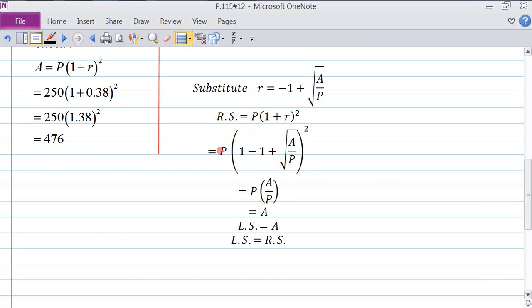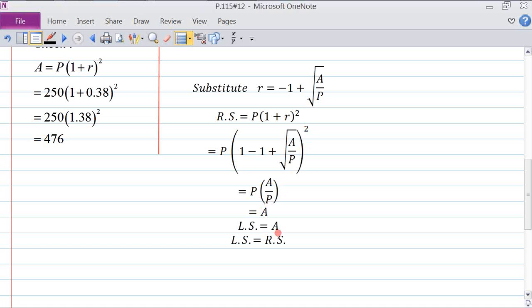This P is this P, this one is this one, and instead of R we've written this term here, so we put it in here. So the 1 and the minus 1 cancel to 0. We get the square root of A over P, and we square it, so we get A over P. The P's cancel, and we're left with A.